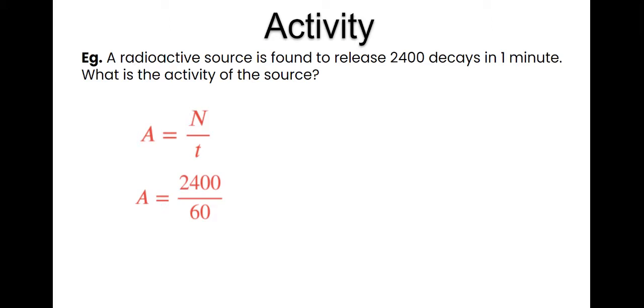N is 2,400, and T, the time, is 1 minute. But we have to remember that becquerels is the number of decays per second. Activity is measured in becquerels, or decays per second. So we need to convert our 1 minute into seconds, so it becomes 60 seconds. So 2,400 divided by 60, which gives us an activity of 40 becquerels.